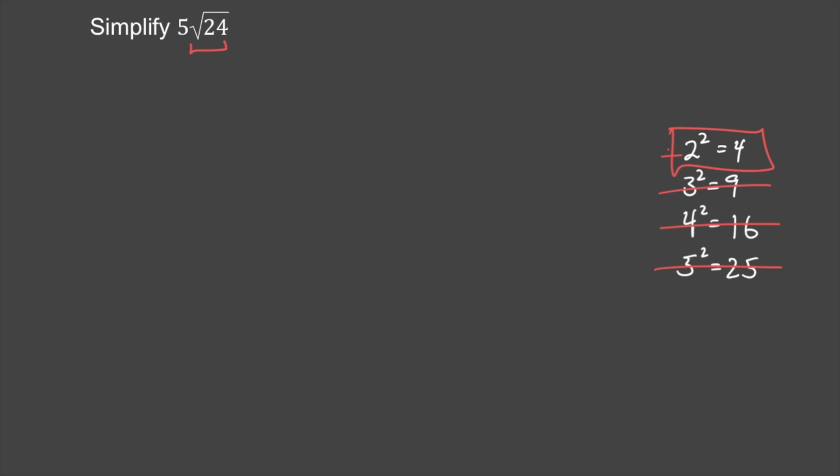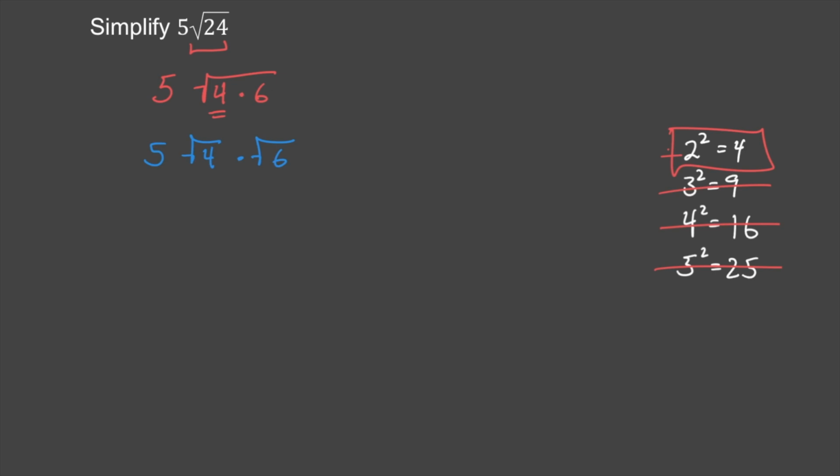So I'm going to go ahead and rewrite this. We have our 5 that's just going to chill there, and we got our 4, which is our perfect square. And since 24 is 4 times 6, I'll rewrite it as 4 times 6. Now I'll go ahead and separate the radicals. 5 times the square root of 4 times its own radical, the square root of 6 now.